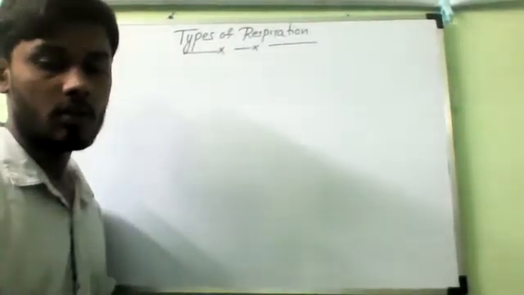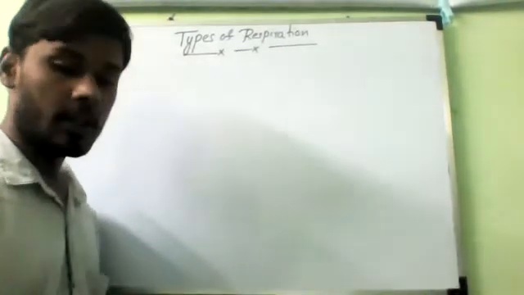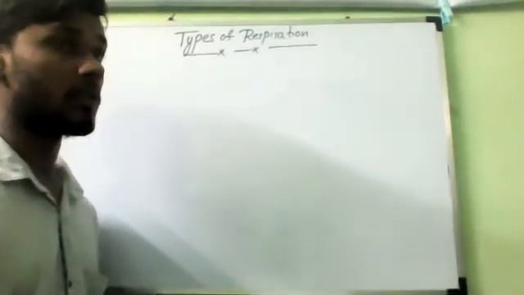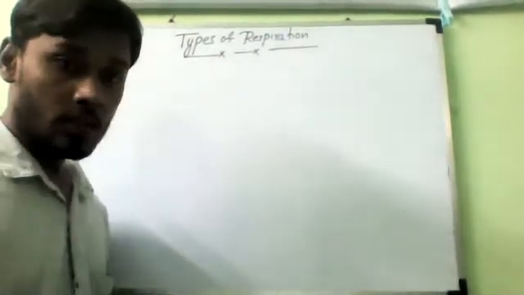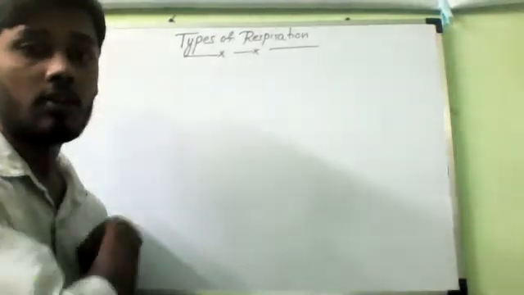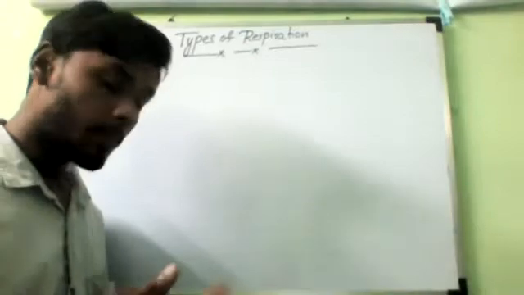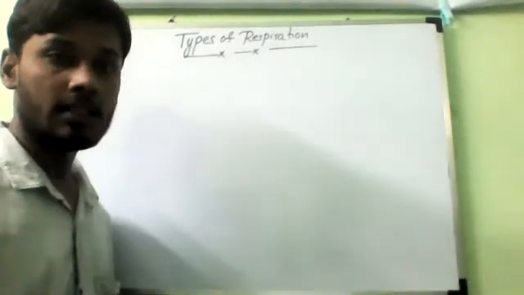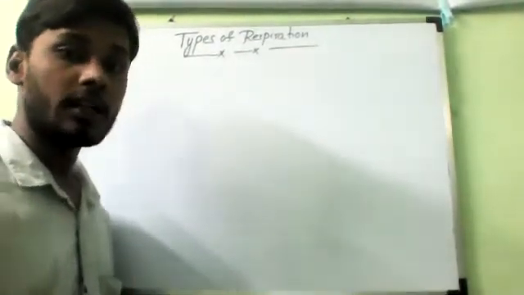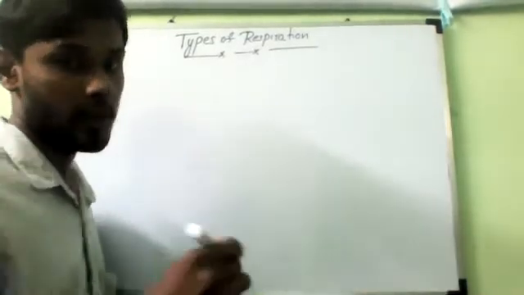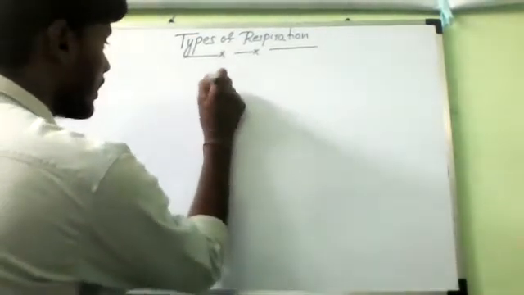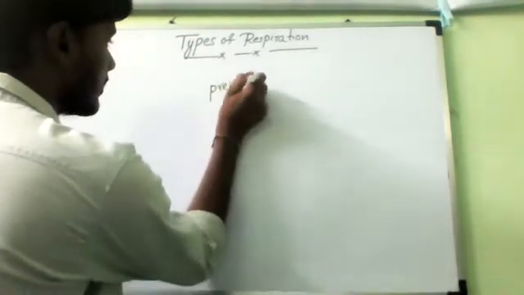In last class, I taught you a few points regarding how respiration takes place and the steps involved. As we have studied already, respiration takes place in the presence of air, and respiration can also take place in the absence of air.